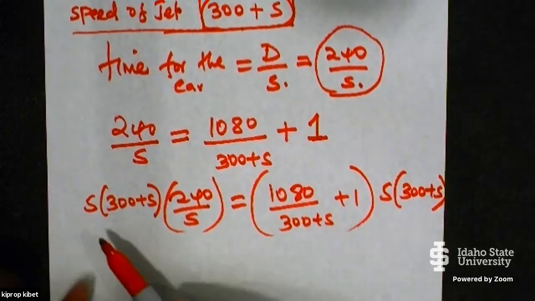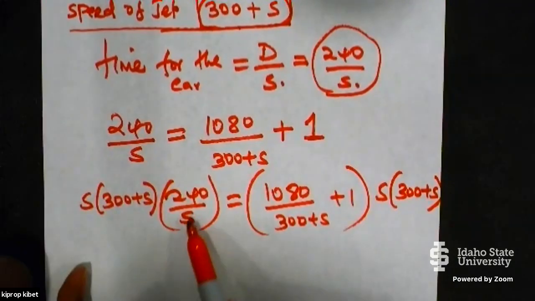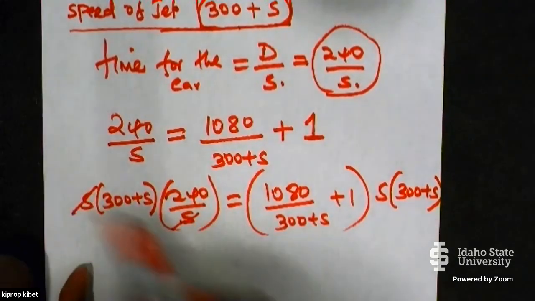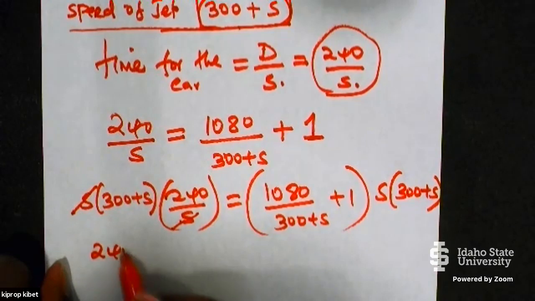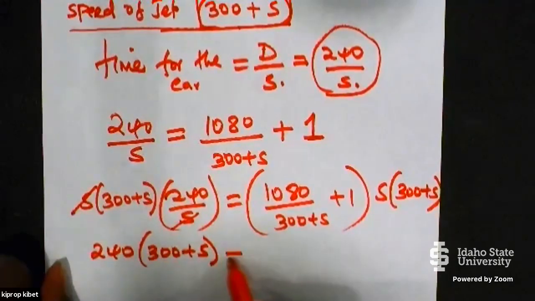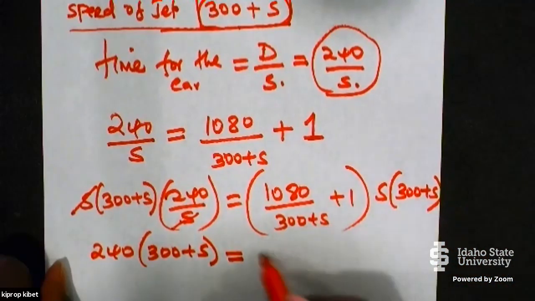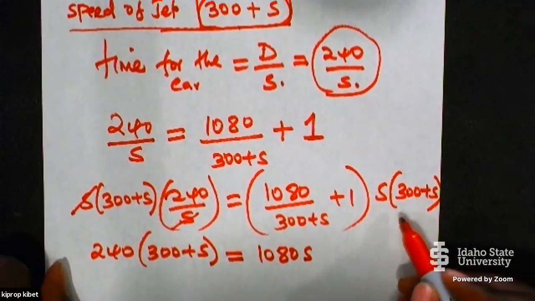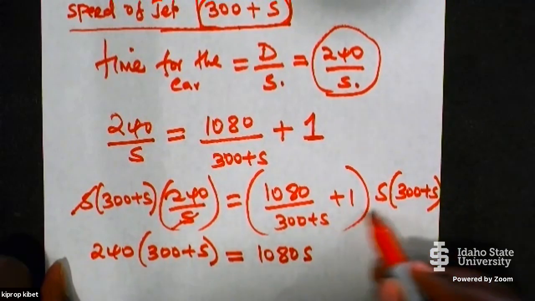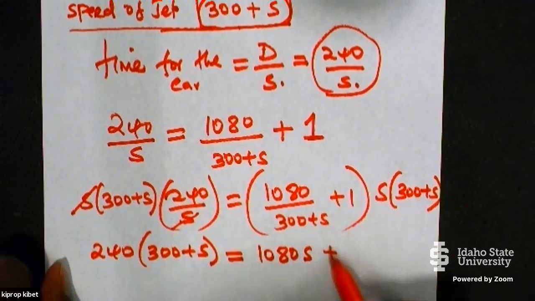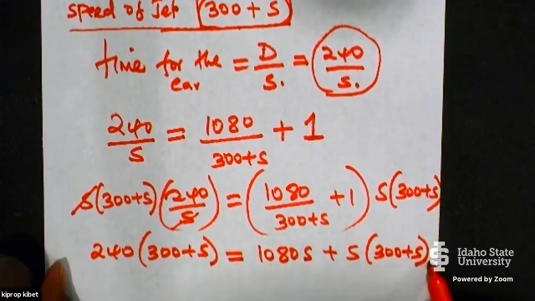Then we open the brackets. The S and that one cancel, so you get 240 times (300 plus S) equals, since 300 plus S cancels with that, 1080 S. There is nothing to cancel here, so plus S times (300 plus S).